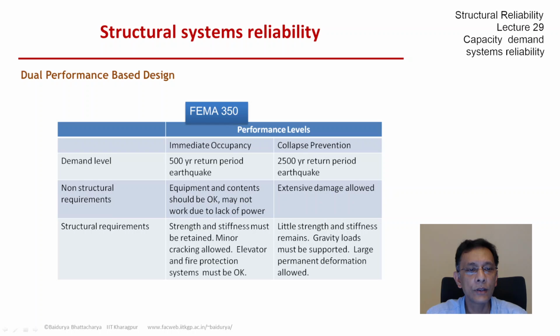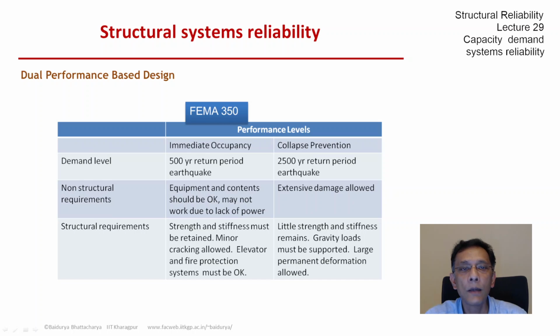And we see this sort of thinking in modern design codes. For example, this is an extract from FEMA 350, and you see that there are two limit states or performance levels: the immediate occupancy and the collapse prevention. Each of these has a very different demand level, a different set of requirements, both for non-structural and structural parts.